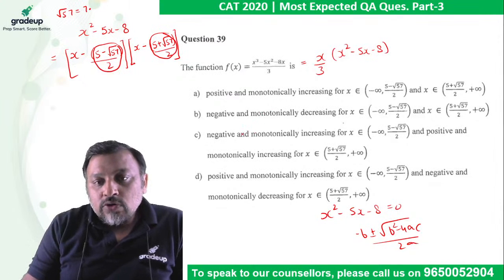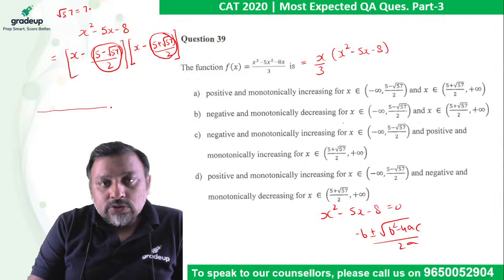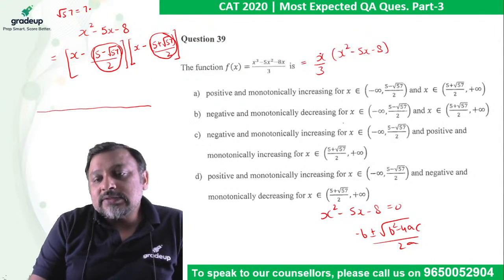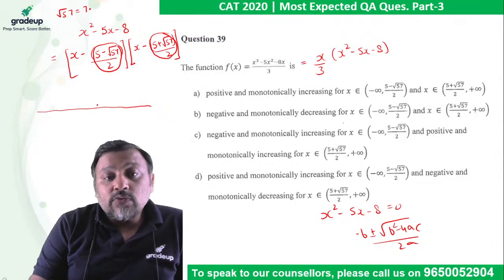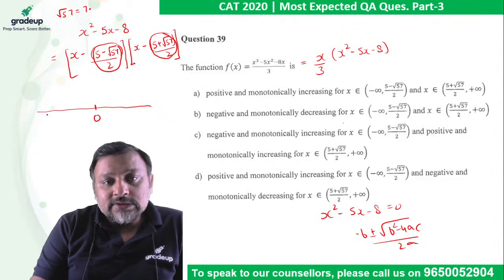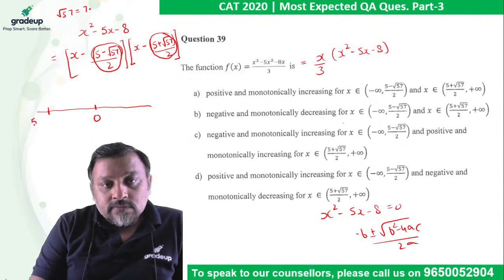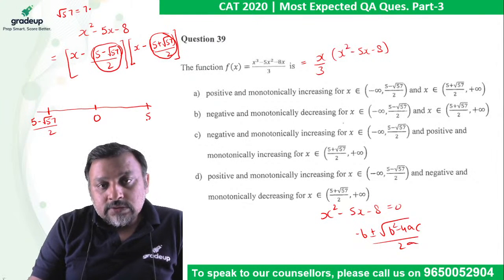So if I plot this, this would be 0 for x equal to 0. So the critical points are this and this. These are the critical points.